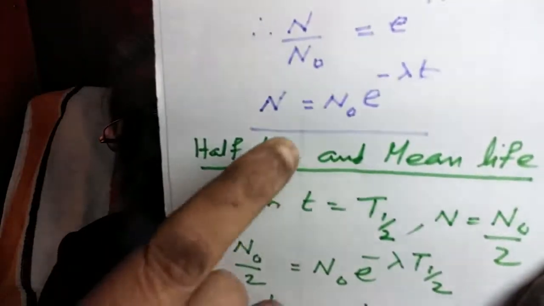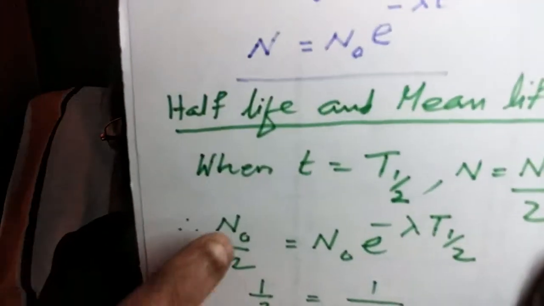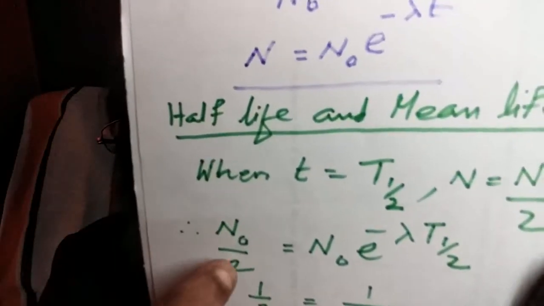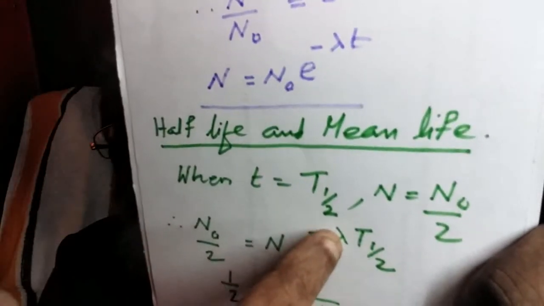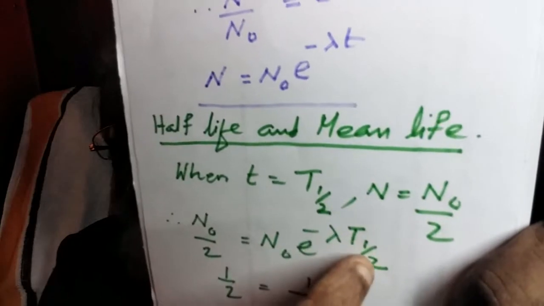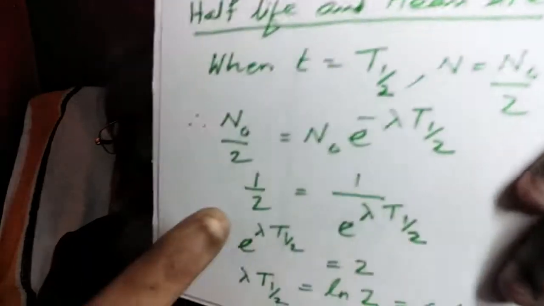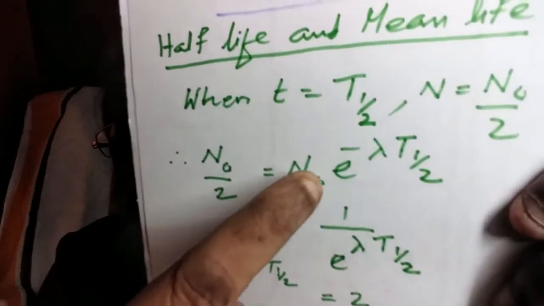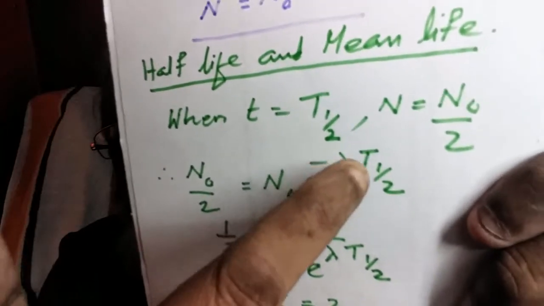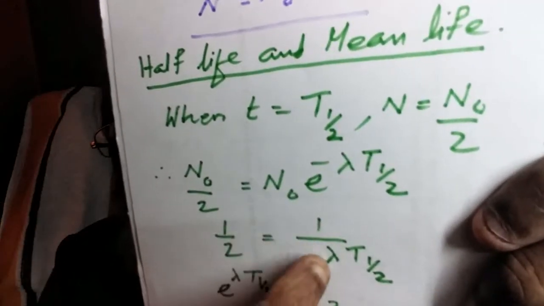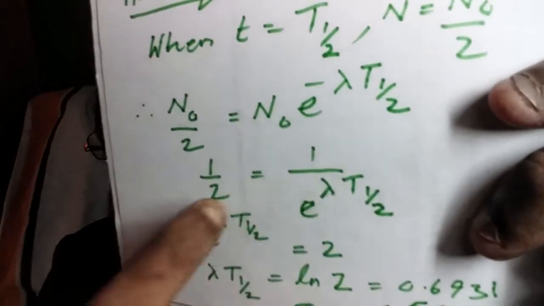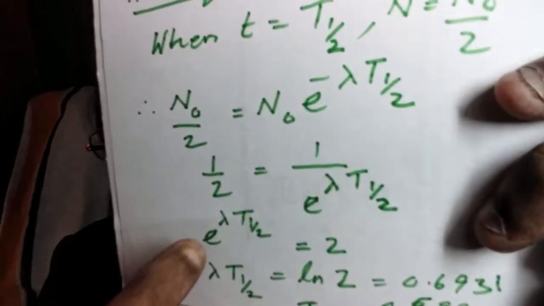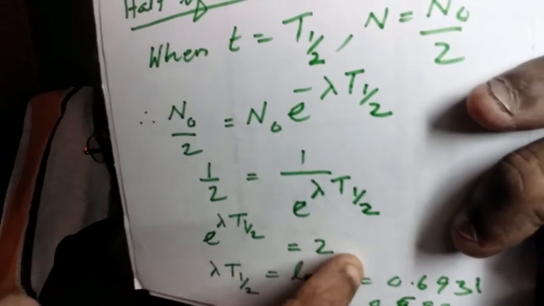So in the place of N, you put N0 by 2 equals N0 into e raised to minus lambda into t half. From this, e raised to minus lambda t half means 1 by e raised to plus lambda t half. That means you can equate the denominator, e raised to lambda t half, equals 2.